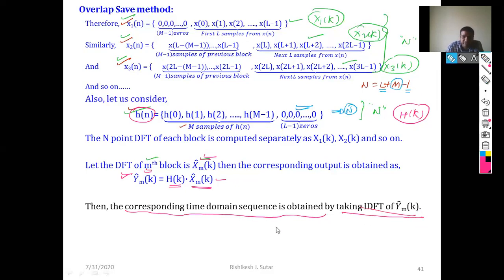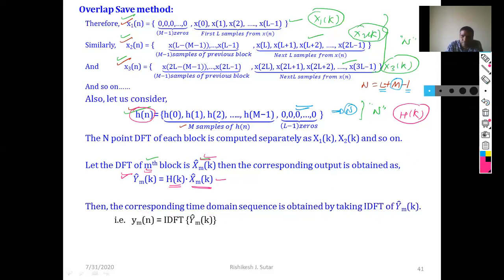So by taking the IDFT of y cap m of k, I will get y m of n. So I will get here y m of n, which is nothing but the mth block of the output.